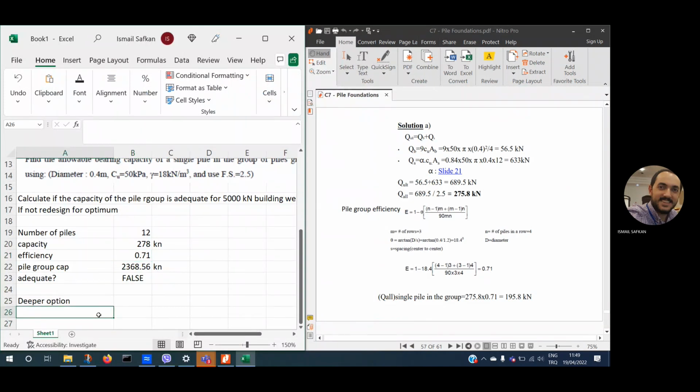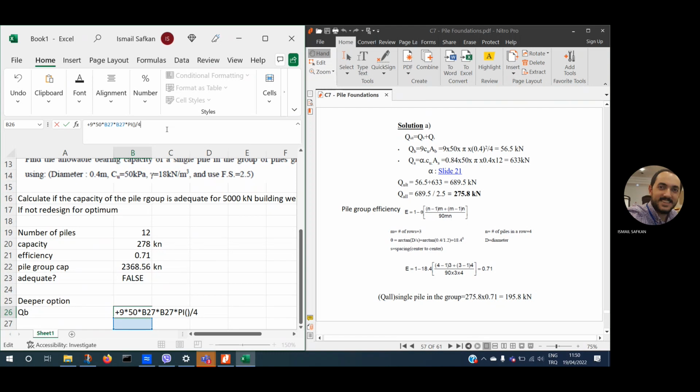Let's start with QB: 9 times 50 times the diameter. So that we can play with the diameter as well. Let's put that as diameter, times pi, open, close bracket, times base, times d squared divided by 4.